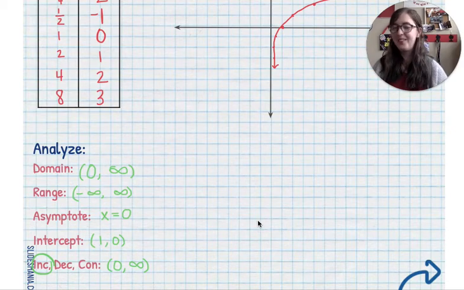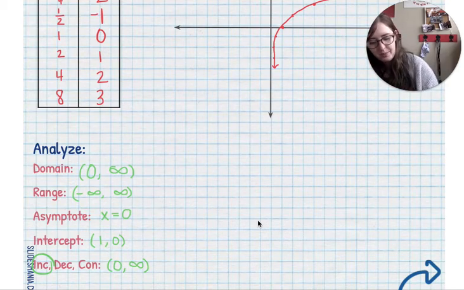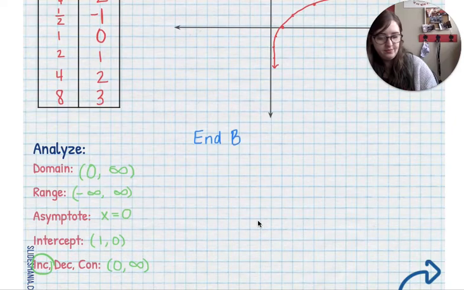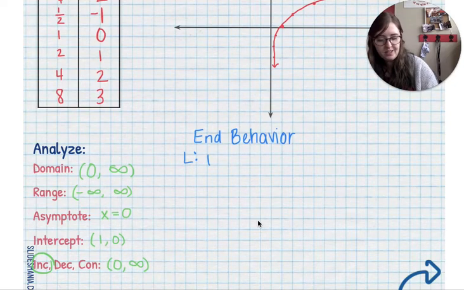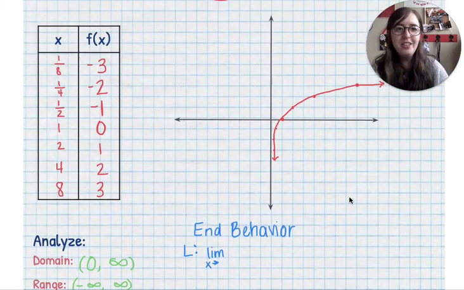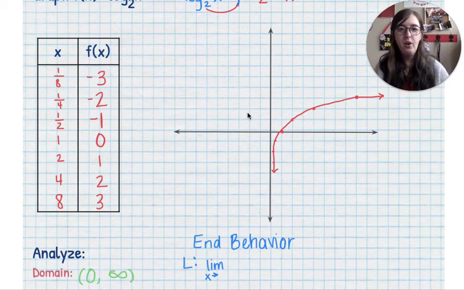Okay, so let's have a look at some end behavior. The end behavior here is a little bit weird. Let's first talk about the left side. That's the weird side. On our left side, we usually talked about where x approaches negative infinity, but x doesn't approach negative infinity over here.